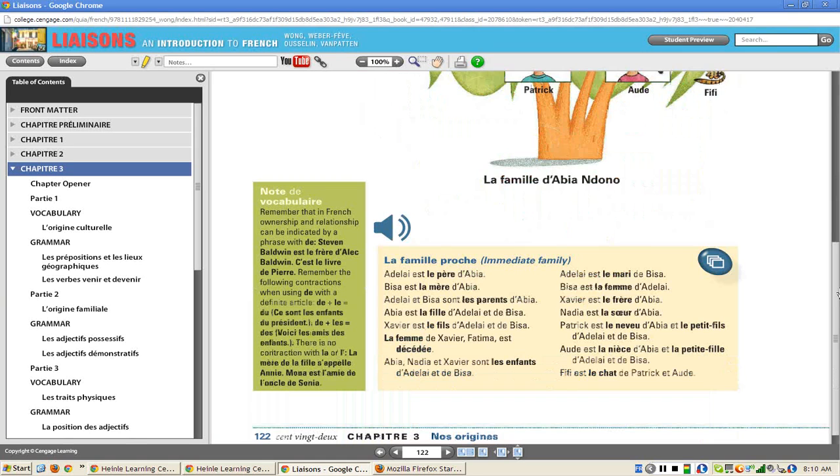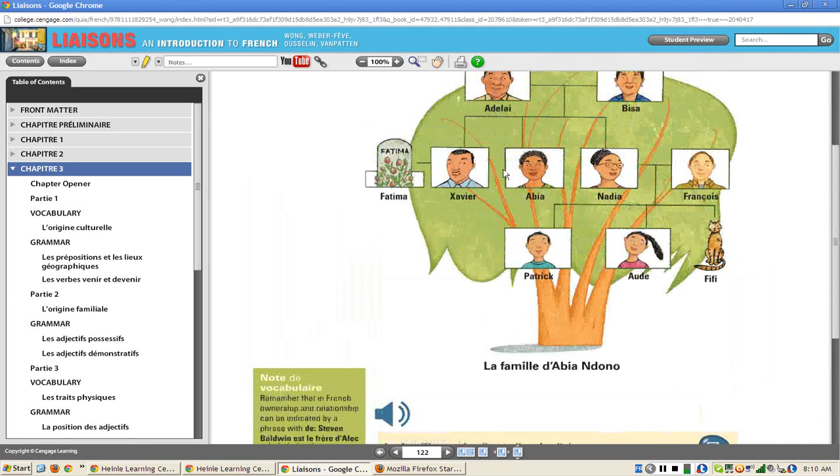The word grands-parents is formed with grand, but there's an S at the end, grands-parents. And then the next level, les parents, n'est-ce pas? Nadia et François, ce sont les parents de Patrick et Aude.